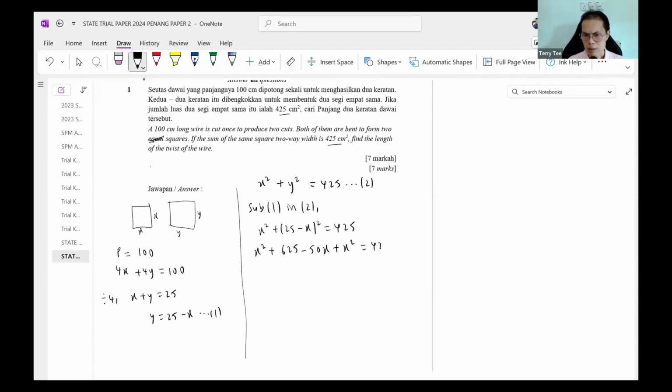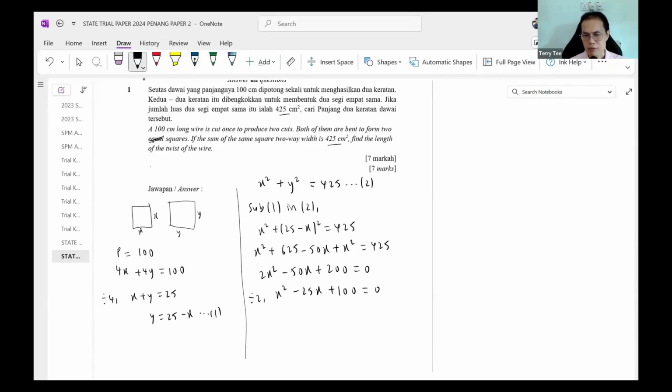The result is 425. Add them up: 2x squared, minus 50x, 625 minus 425 is 200. I think we can divide everything by 2. As I divide by 2, this will be 25x, and this should be 100.